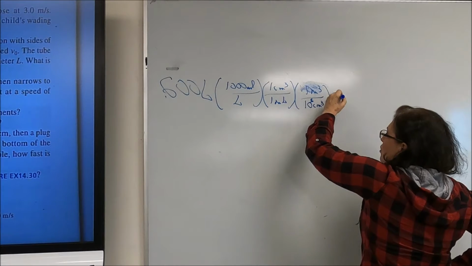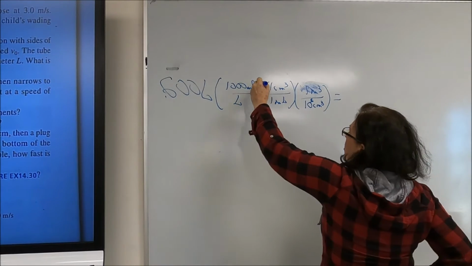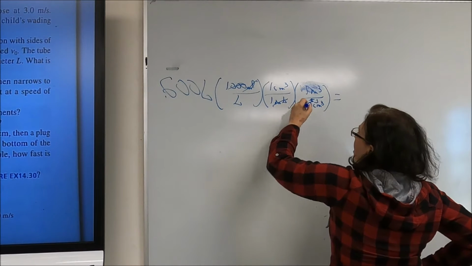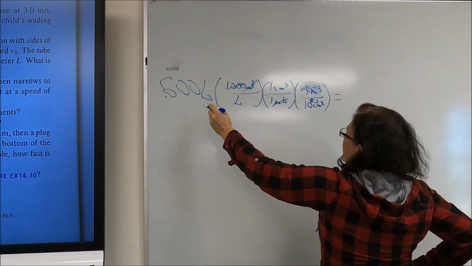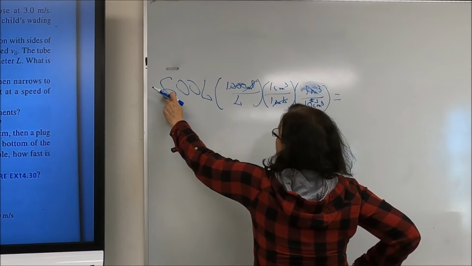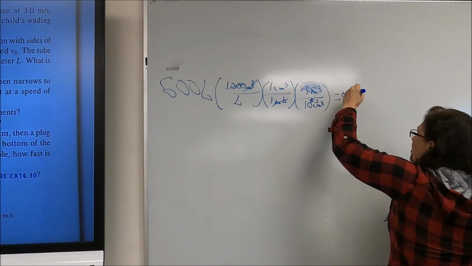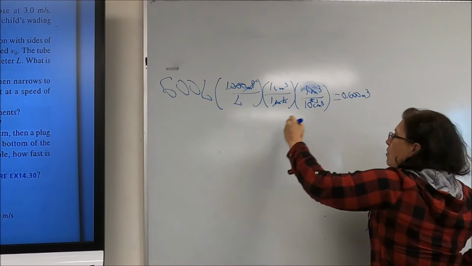So I can get this into meters cubed. So the milliliters divide out, 1,000 there, that takes that down to 3. So 600 liters divided by 10 to the 3 gives me 0.600 meters cubed.